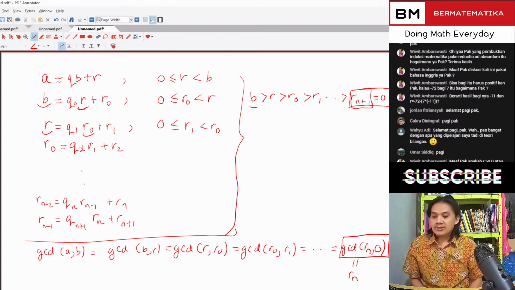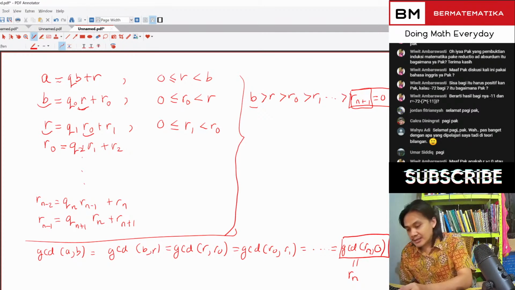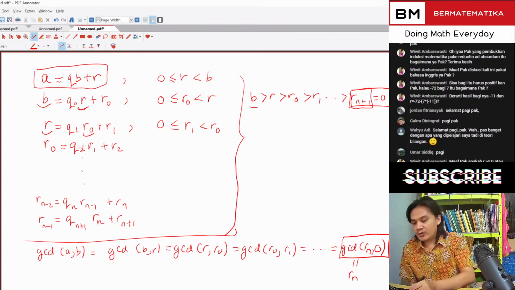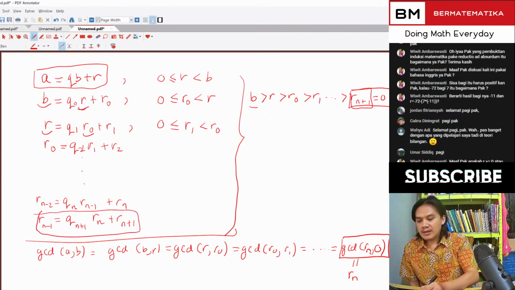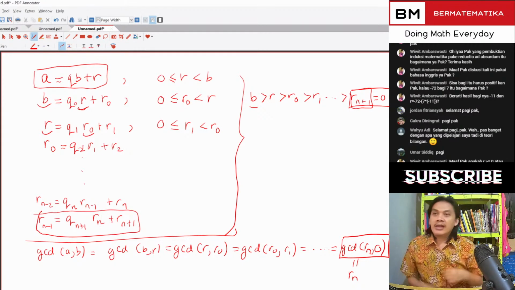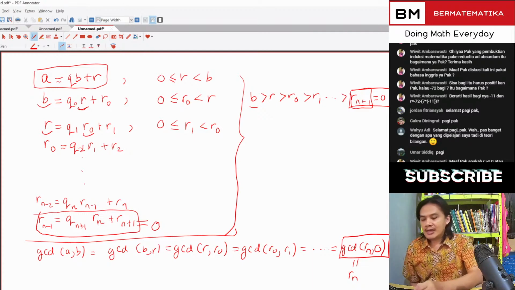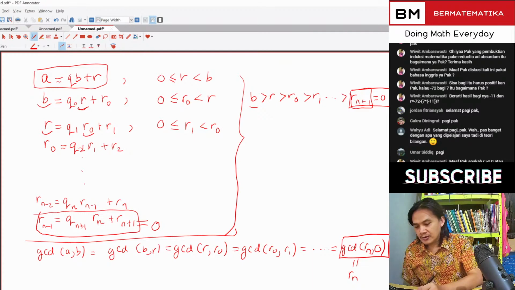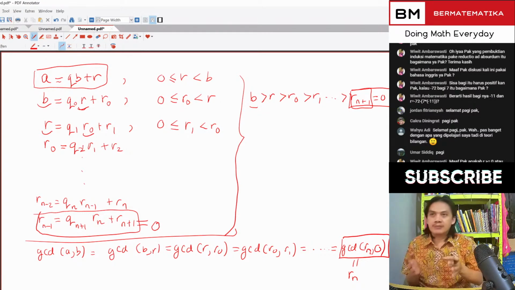So this algorithm says to apply the division algorithm several times until you reach the remainder equal to 0. When this is equal to 0, then the GCD is the previous remainder. So this is going to be the GCD of A and B.